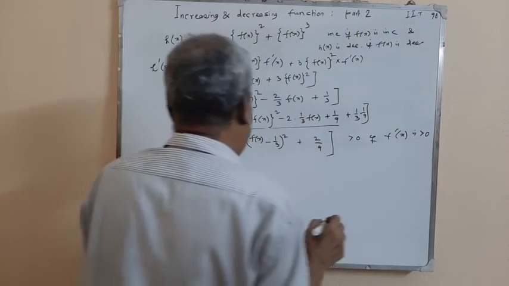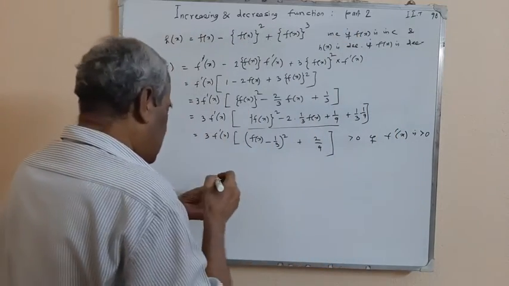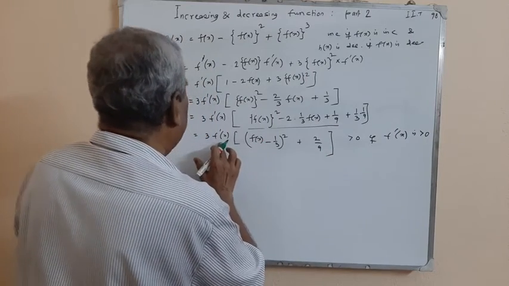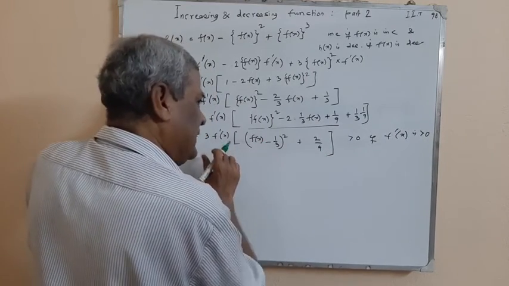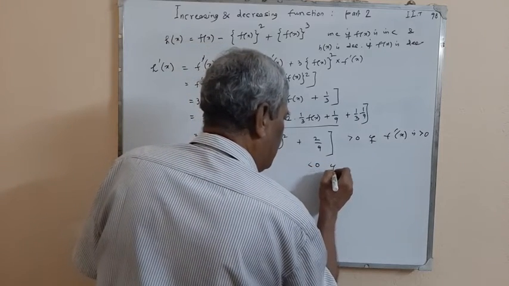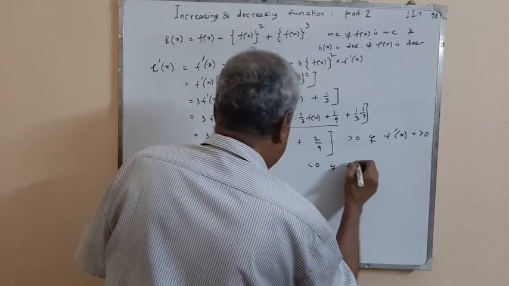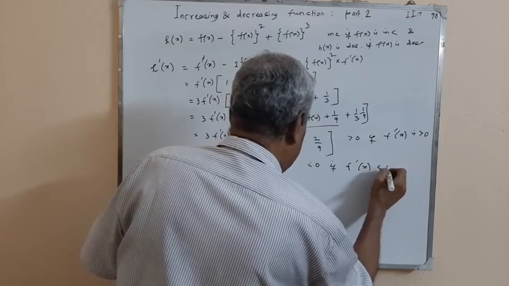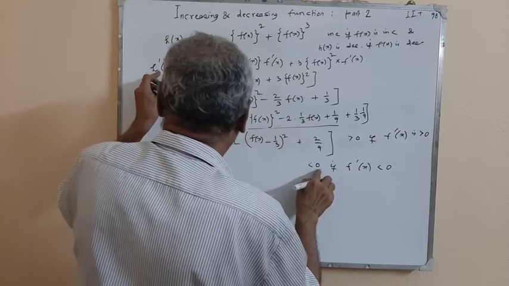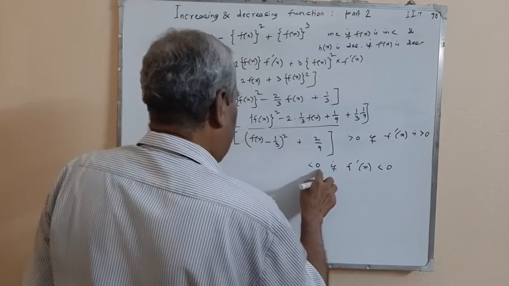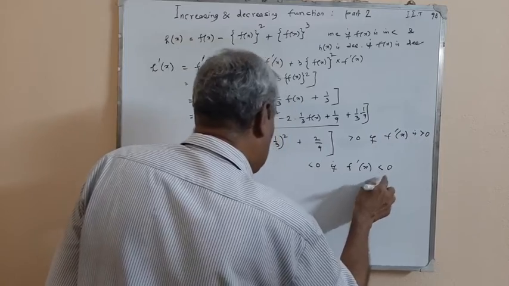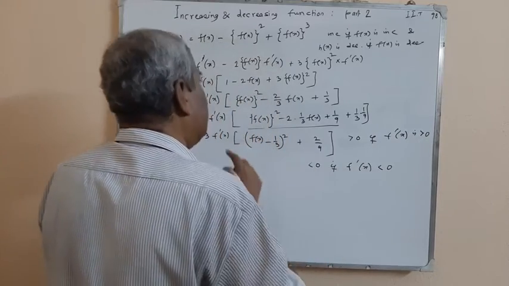First part is proved. And you see this is positive, and if f dash x is negative, then h dash x is negative, which means h(x) is decreasing when f dash x is less than 0, that is f(x) is decreasing.